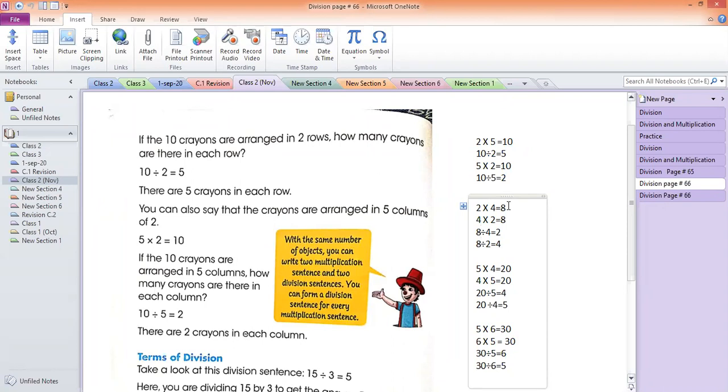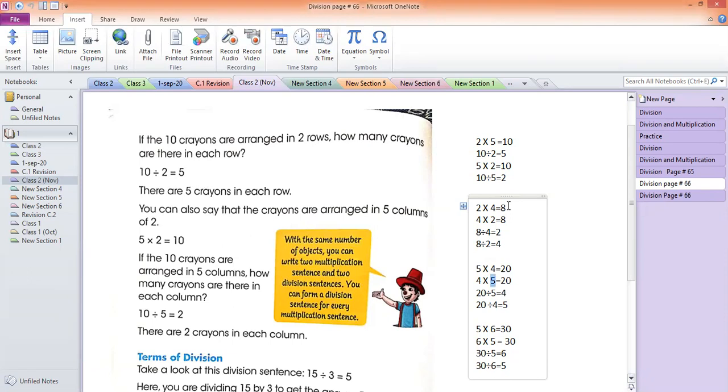So we did many examples here, like 5 multiplied by 4 equals 20. For another multiplication sentence, I can change the order of these two numbers. As we know, in the multiplication property we learned, if we change the order of the numbers, the answer doesn't change. So 4 multiplied by 5 is also 20. And for a division sentence, we start with the bigger number. We write 20.